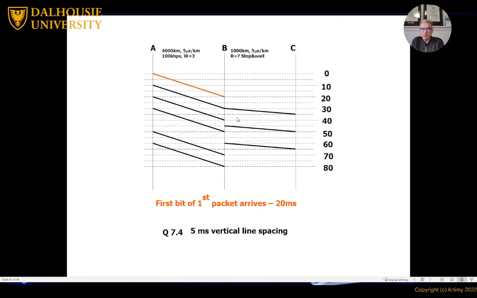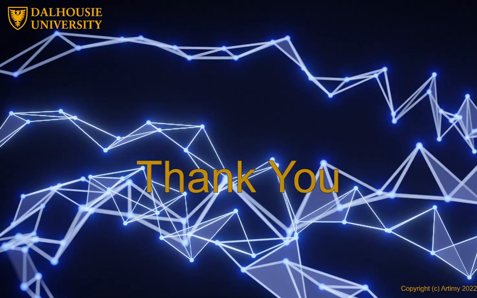We have to send it sort of faster to be able to catch up, right? So I think this is the question 7.4, but I just wanted you to, I want to explain the diagram. All right, so that's the end of this lecture, and we'll see you in another lecture.